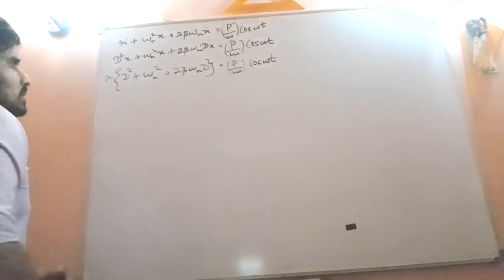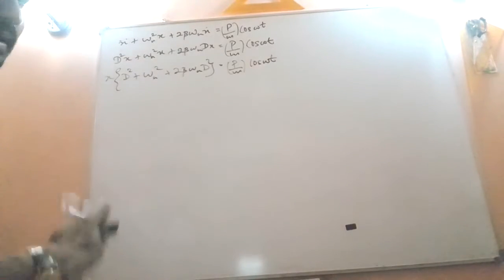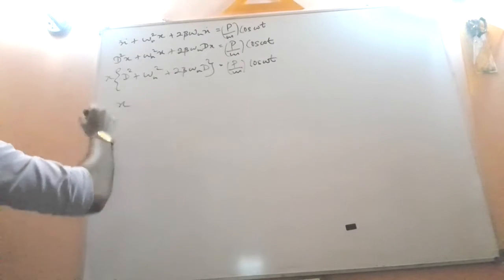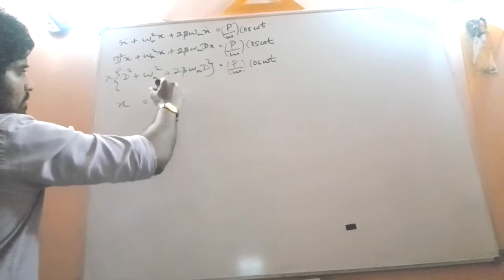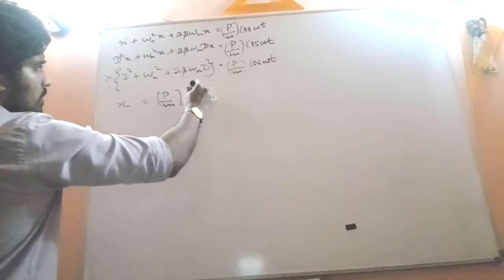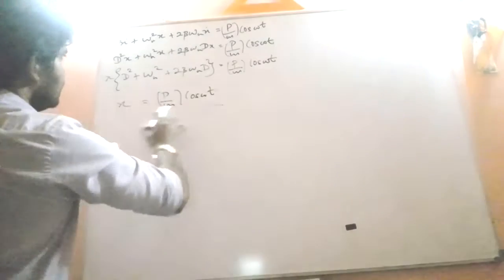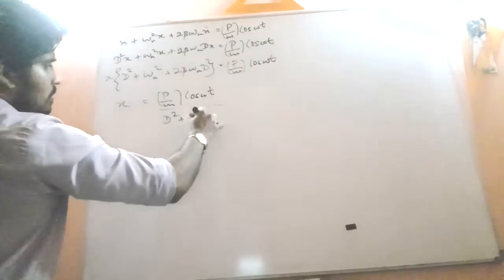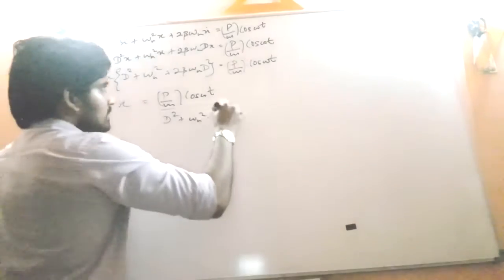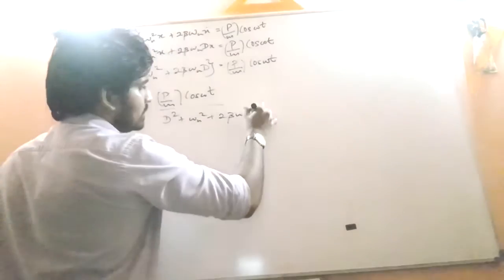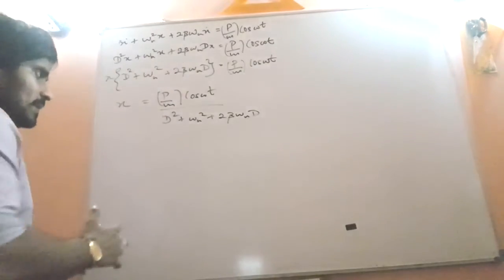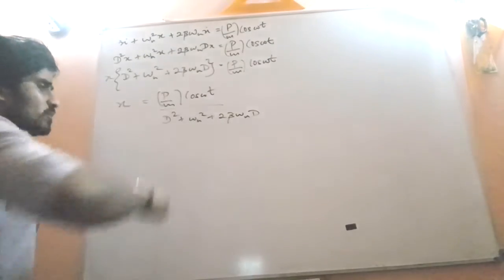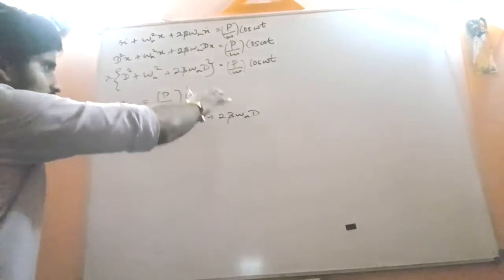Now, according to the D operator method, there is a technique that we use. First of all, let's write x equals P divided by M cos omega t divided by this part, which you can put in the denominator: D squared plus omega n squared plus 2 beta omega n D. Here just consider this cosine function. t is the time variable.